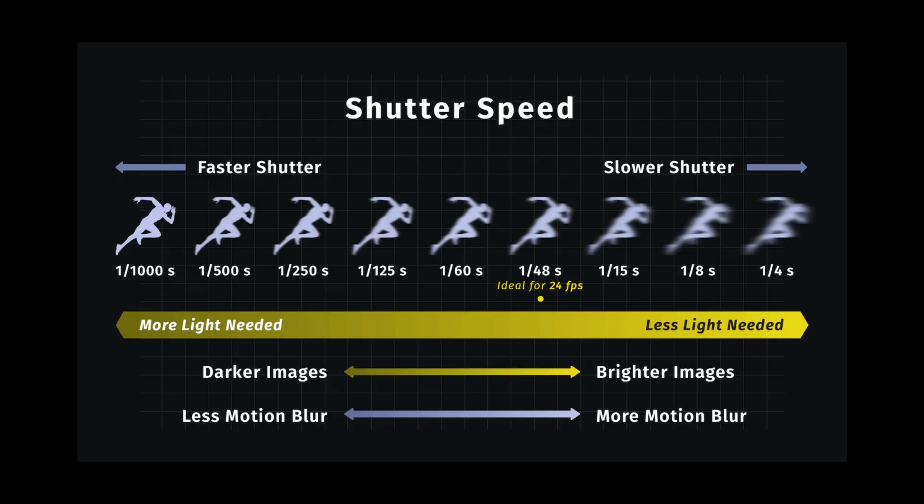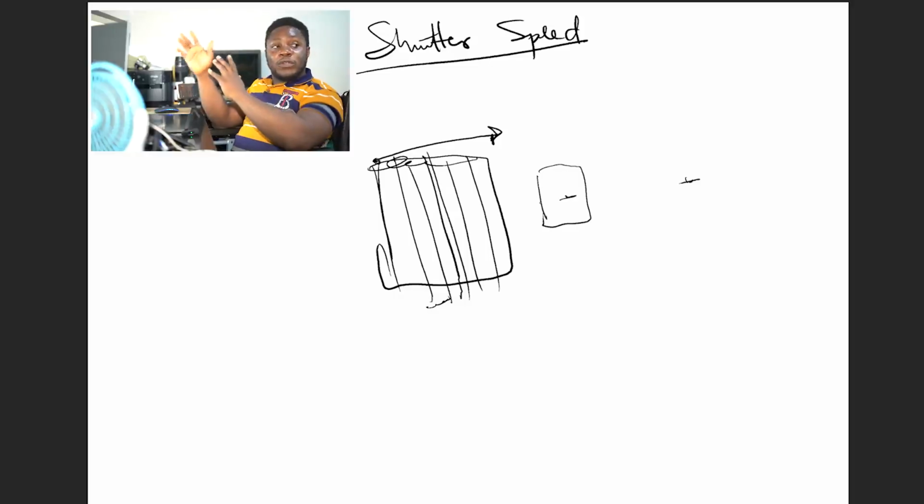Or it is so bright and I open the shutter for too long, then you have what we call overexposure. Are you getting it now? So that is the first primary purpose of shutter: to control the amount of light that enters the camera. And that is what we refer to as exposure.